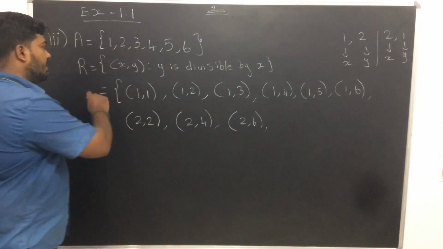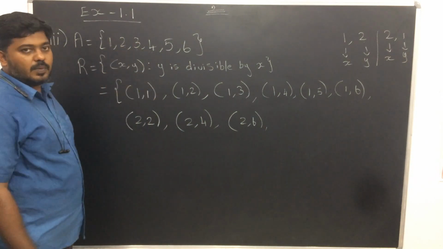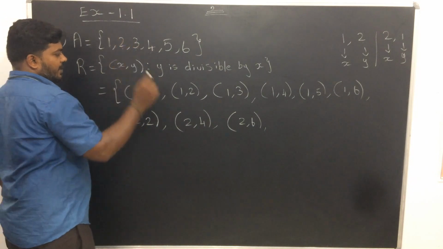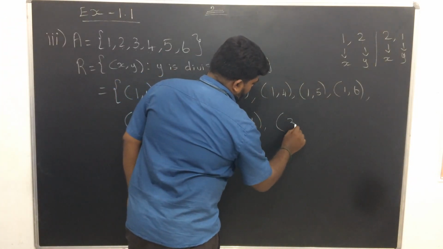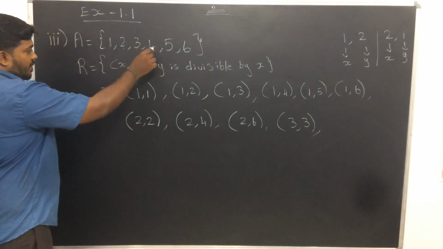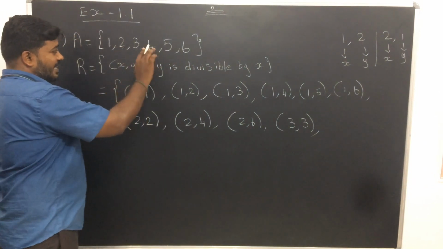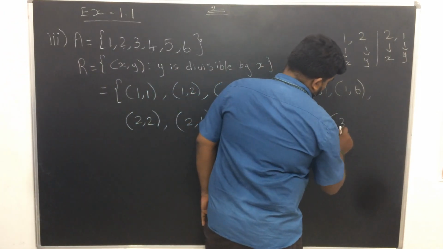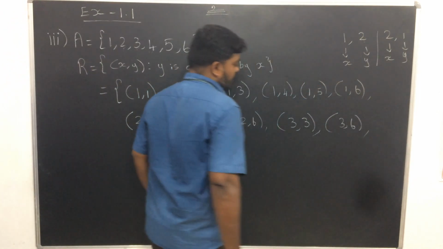Then, go to 3. 3 comma 1. No. 1 is not divisible by 3. 3 comma 2. No. 2 is not divisible by 3. 3 comma 3. Yes. Any number is divisible by the same number. 3 comma 4. No. Because 4 is not divisible by 3. 3 comma 5. No. 3 comma 6. Yes. Because 6 is divisible by 3.